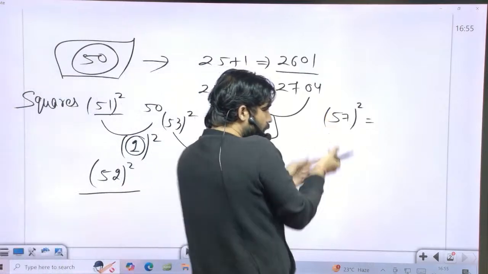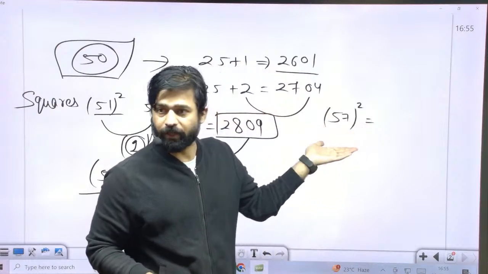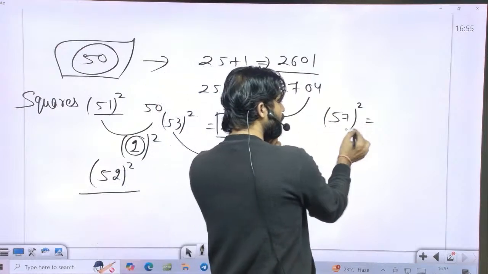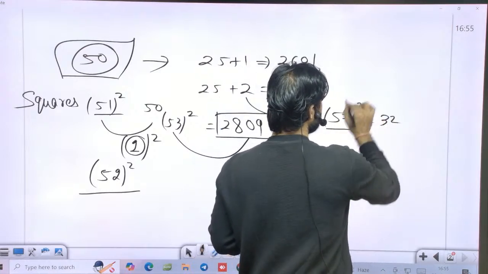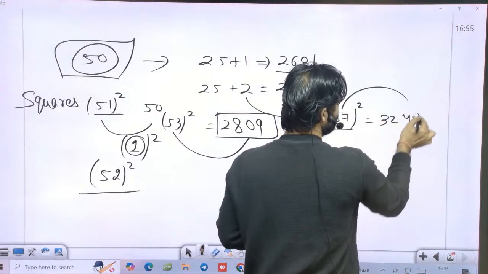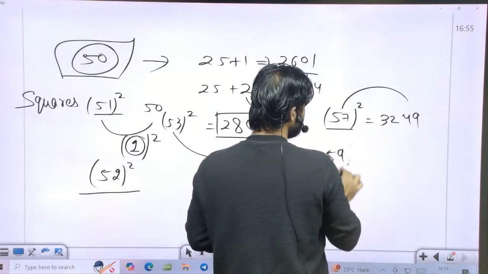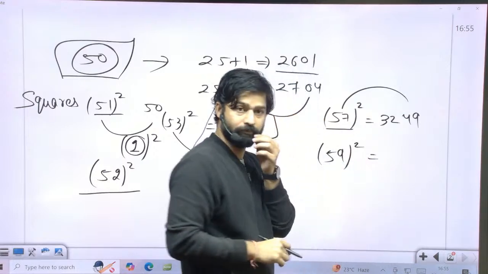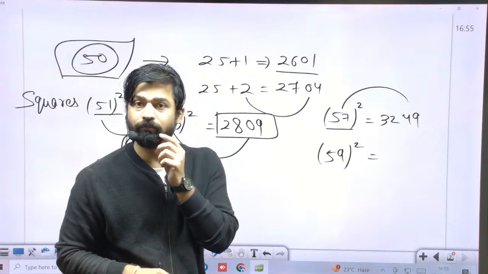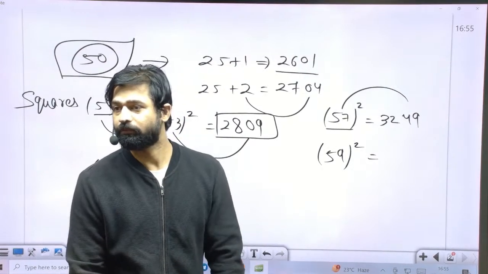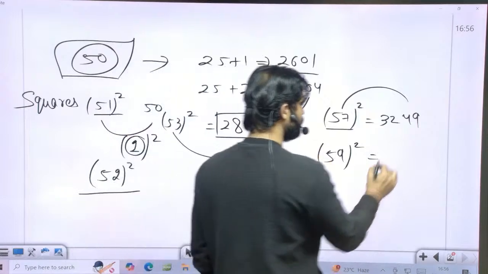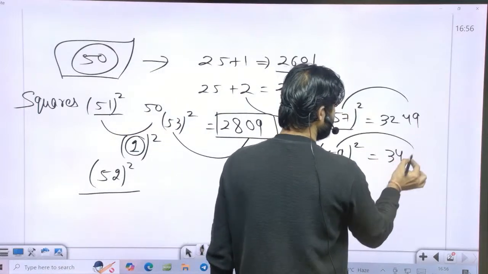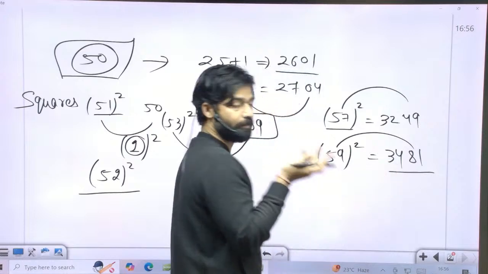This is greater than 50 again, so we have to add the difference between these two. So 25 plus 7, that is 32, and do the square of 7. Last one, please. Hurry up. 3481. 25 plus 9, 34, square 9. That's it.